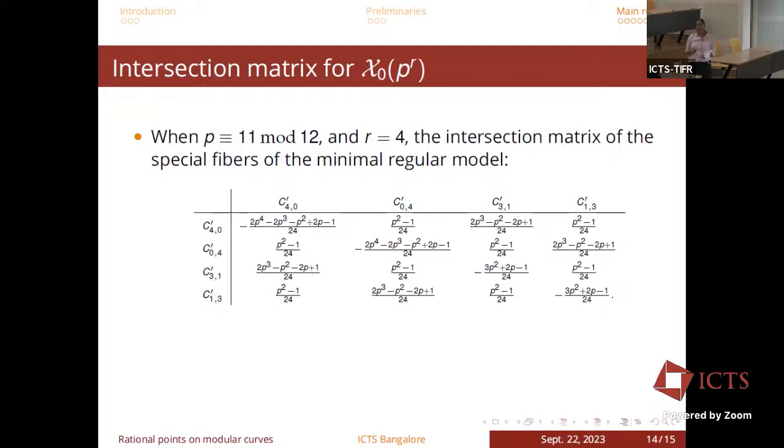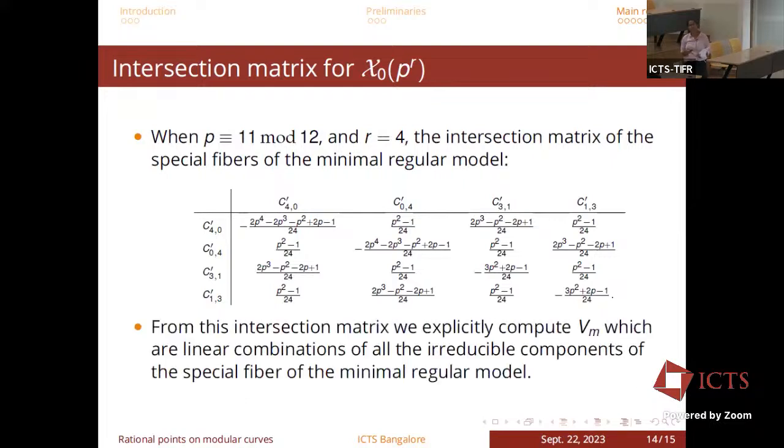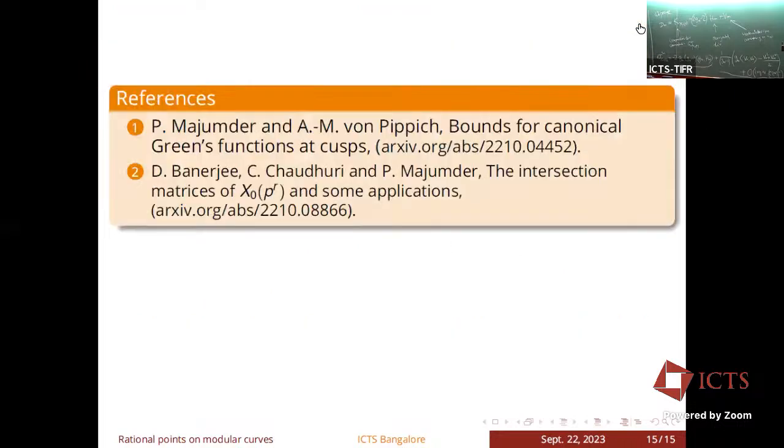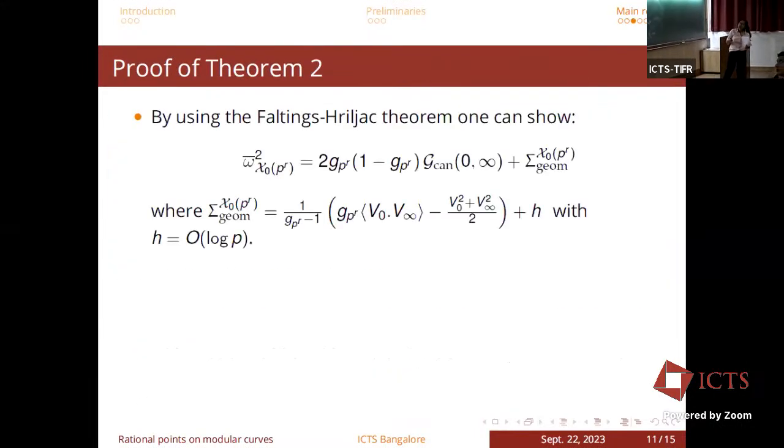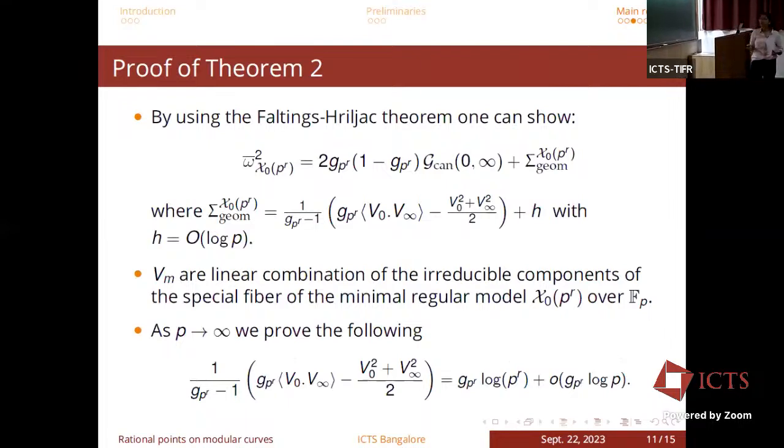So from here, we calculate this BM, which is a linear combination of these 4 components, and we prove this formula. So that's all I have to say. Thank you.